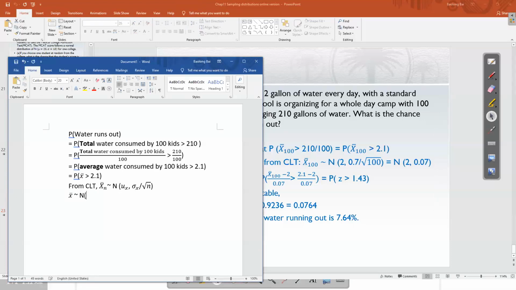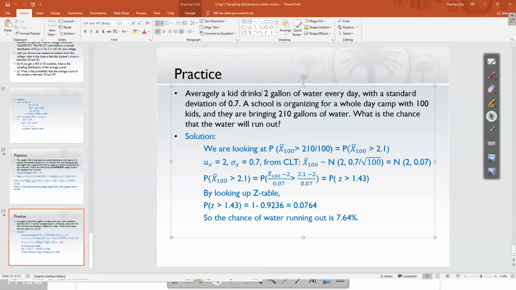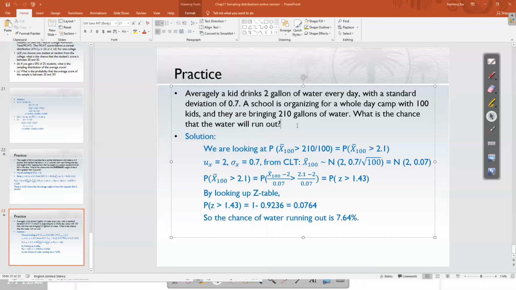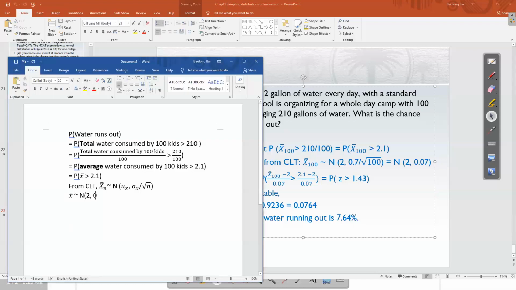X bar will follow a normal distribution. What is mu of X? Mu of X will be the average water consumed by a kid, which is 2 gallon. That's given. And the sigma of X is the standard deviation of all the kids, so that's 0.7, divided by square root of N. What is N?